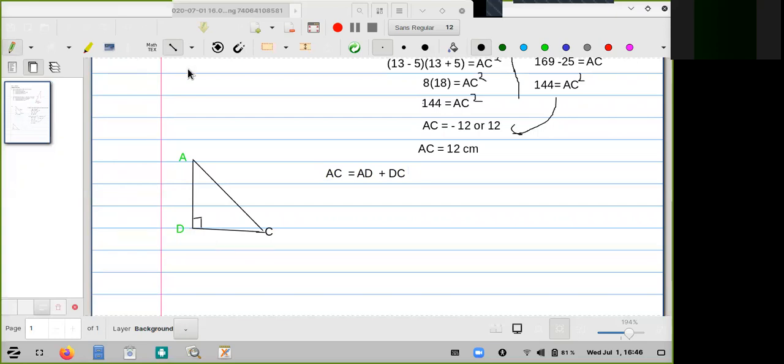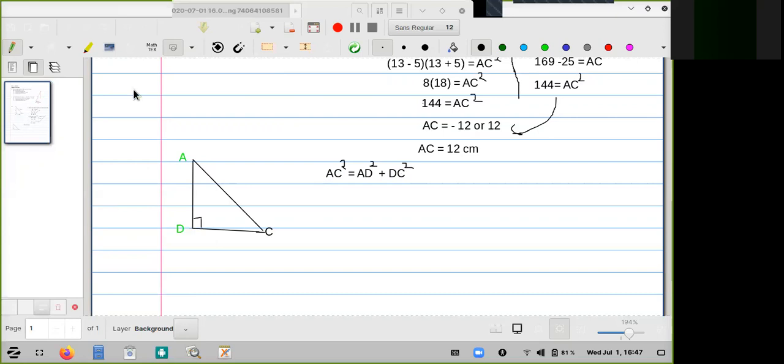Then from there, I'll just substitute. Let me put the squares there before we move on to the next part. This is the definition of Pythagoras theorem on a right-angled triangle, right?